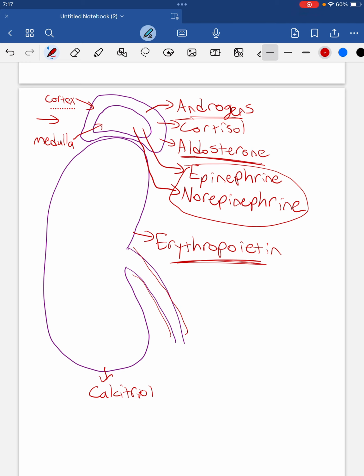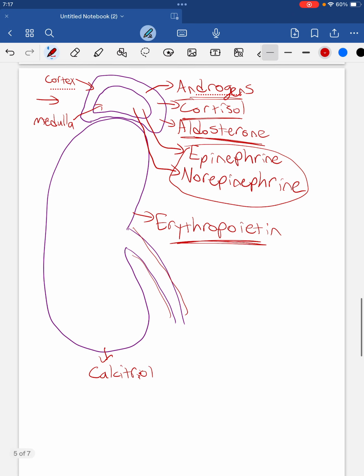All right, and then cortisol. Okay. So cortisol is a steroid, okay, a glucocorticoid, also known as hydrocortisone. Okay, so this is a stress hormone. So when we're in stress, again, when we're in like that fight or flight mode, it helps to increase our survival.